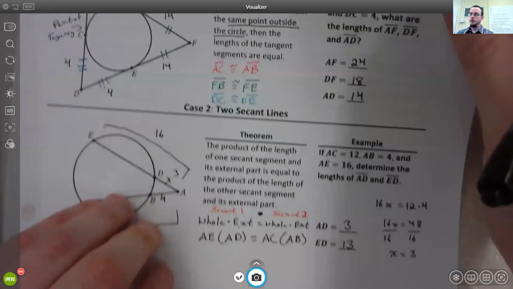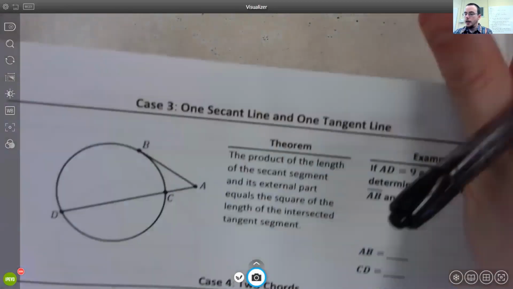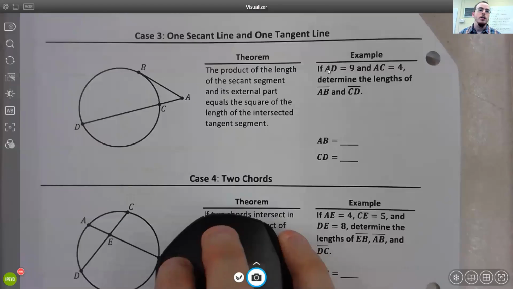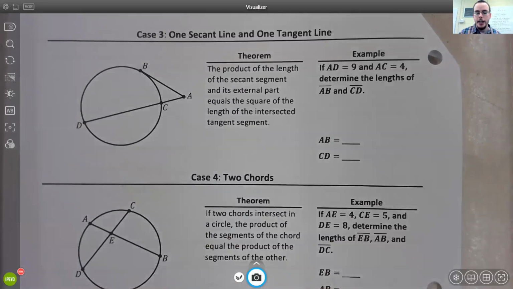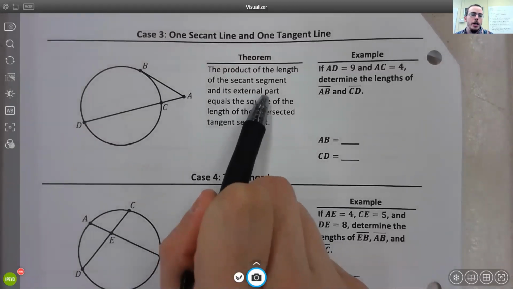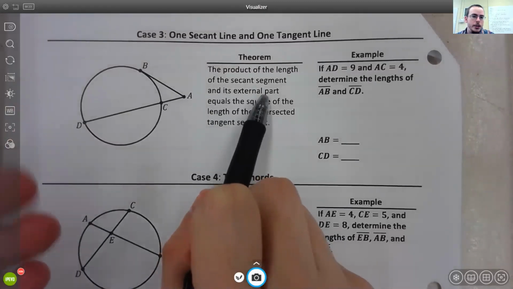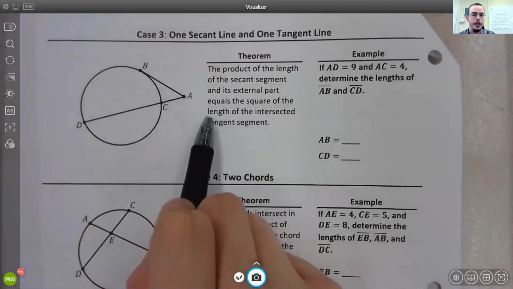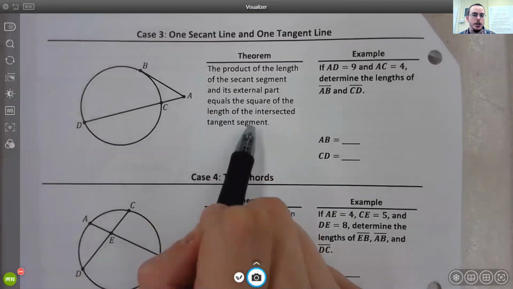Okay. All right, so let's flip on over to the next case, and the next case is going to be one secant line and one tangent line. So with one secant line and one tangent line, the theorem states the product of the length of the secant segment and its external part, so it starts out the exact same way as the two secants, equals the square of the length of the intersected tangent segment.